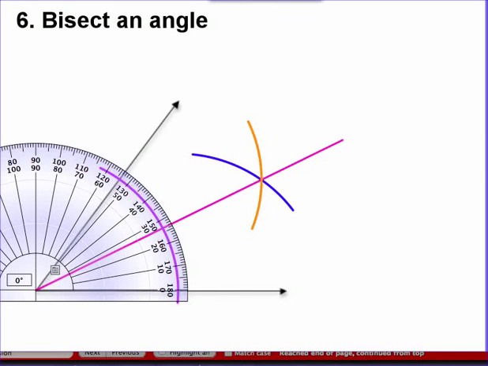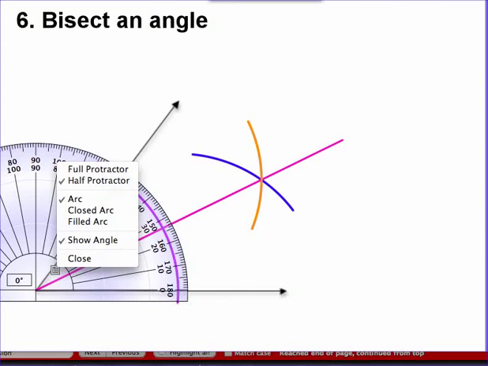So half of 54 is going to be what? 27. And if you look, sure enough, I'm pretty doggone close there. It's not perfectly 54 degrees. It's actually a little under, because notice the very bottom line that I'm holding my protractor on. It's a little off there. So sure enough, it works.